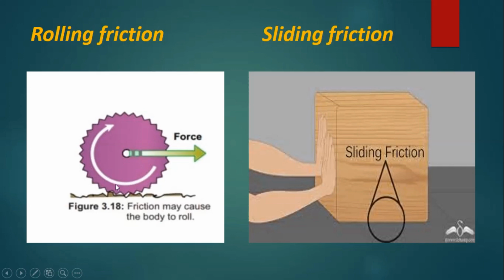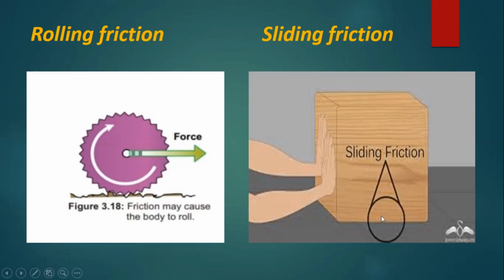The wheel rolls over the surface without rupturing the cold wares. You know, these are the cold wares. Without rupturing means without breaking. Understand? Clear? So, without rupturing the cold wares, rolling friction is very less. But here, the point of contact is very large between the sliding body and the ground, so the resistance of the cold wares is too much.